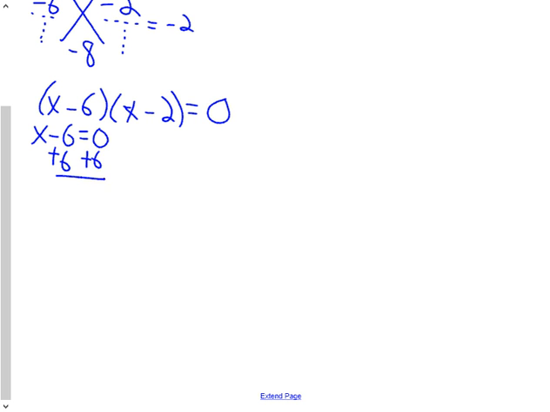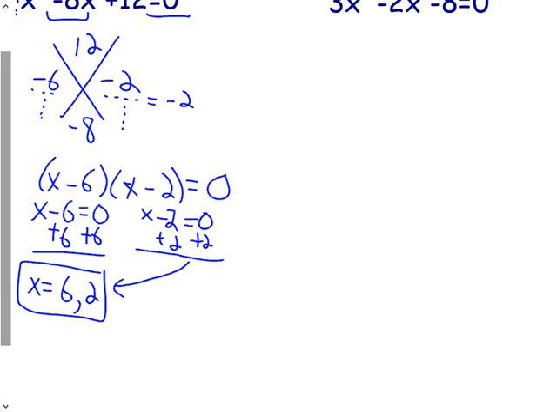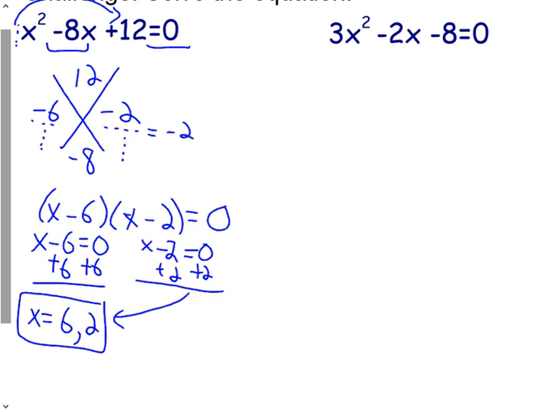Add 6 to both sides. x is 6. x minus 2 equals 0. Plus 2 to both sides. x equals 2. So we're going to write that answer over here. And our answers are x is 6 and 2. We just solved a quadratic equation that about a month ago we would have been like, what are we doing? How do we solve? Right?